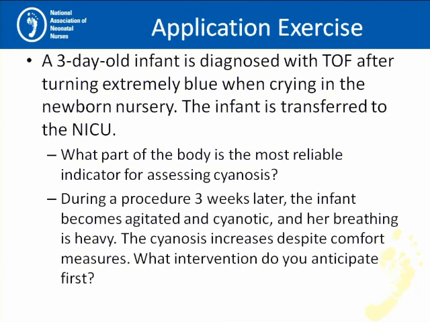During a procedure 3 weeks later, the infant becomes agitated and cyanotic, and her breathing is heavy. The cyanosis increases despite comfort measures. What intervention do you anticipate first? Administer morphine.